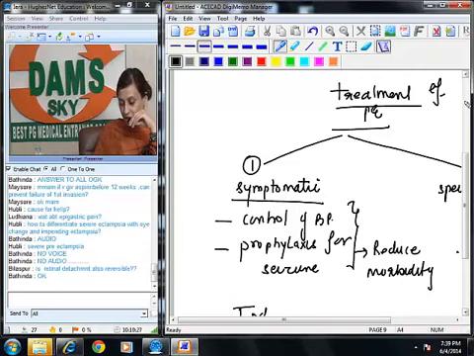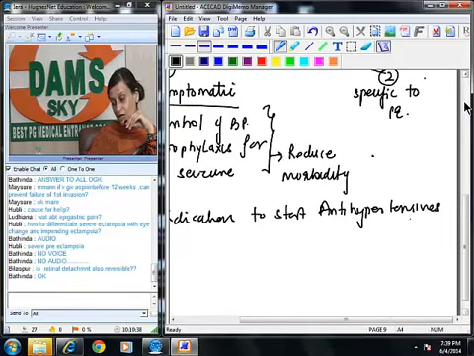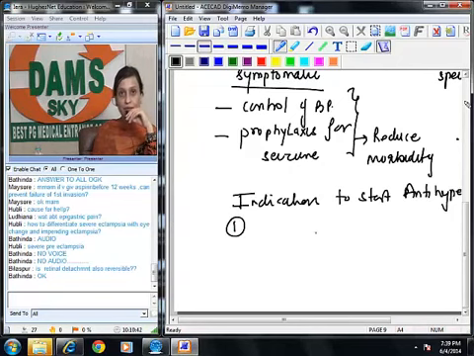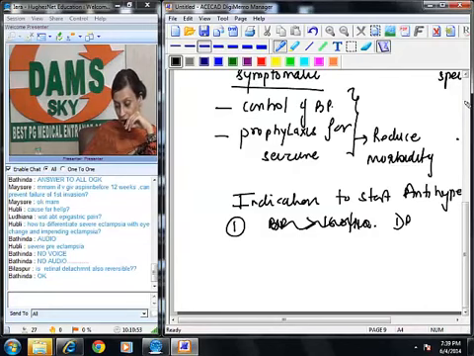Coming to the indications to start antihypertensives. Number one, any patient who has a blood pressure of more than 160 by 110, or rather, let me give it to you the other way.